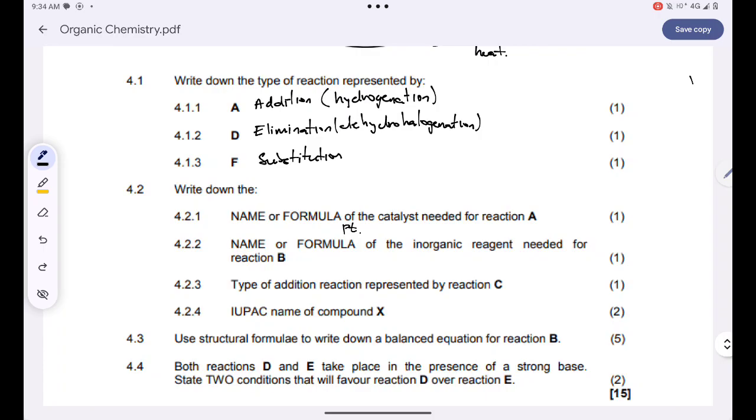So the type of catalyst that you will need, whenever you are eliminating water, guys, is a concentrated strong acid. Are you together? And your acid should be sulfuric acid or phosphoric acid.